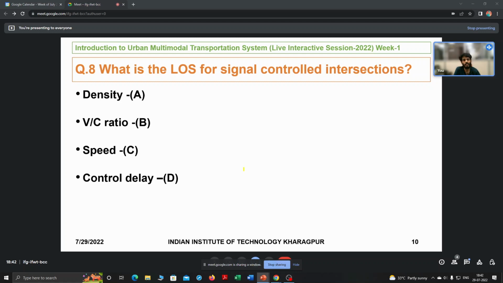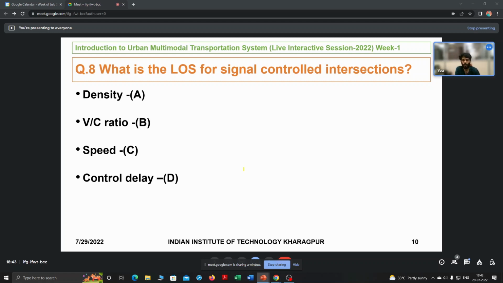Is it density that the traveler is facing there? In the morning, even if there are fewer vehicles, you need to wait at that red signal. At that time your density will be very low, maybe 3, 4, 5 or a couple of vehicles around. So it is not affecting maneuverability, and you can easily move your vehicle. So it is not density which governs the level of service at a signalized intersection.